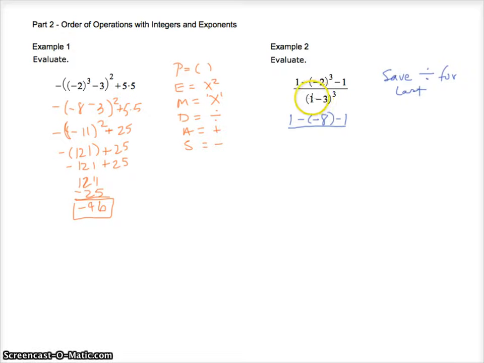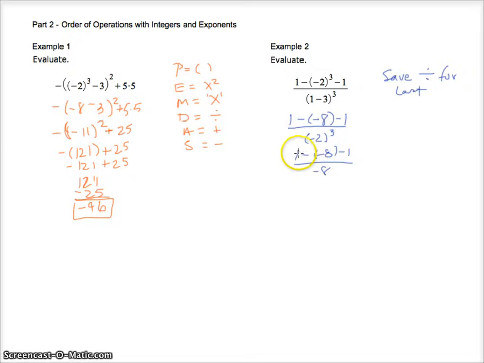And then down here I have 1 minus 3, which is negative 2, cubed, so we'll just rewrite this as negative 2 cubed. Now it'd be 1 minus negative 8 minus 1. Negative 2 cubed is negative 8.